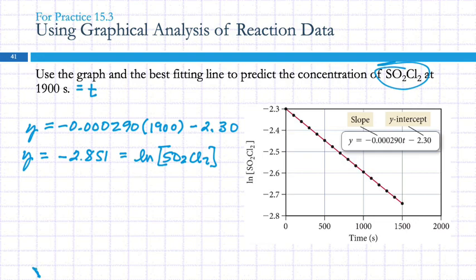So the opposite of natural log is e to the x. So we'll take e to the x of both sides. So I get e to the negative 2.851 is equal to e to the natural log of the concentration. Well, those guys cancel out. And so this is just equal to the concentration then.